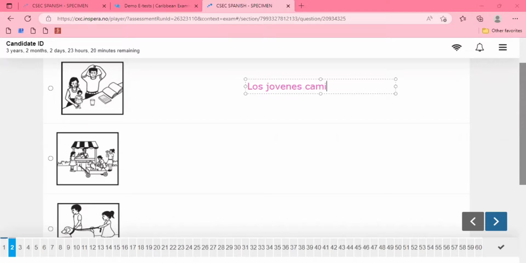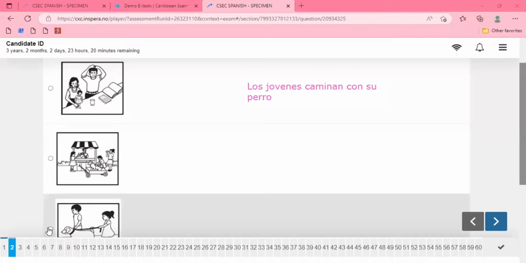Jóvenes caminan con su perro. So the only option that could, oops, I'm sorry. The only option that could work for this one would be the third option, C. Jóvenes has an accent over the O. Let's move on.